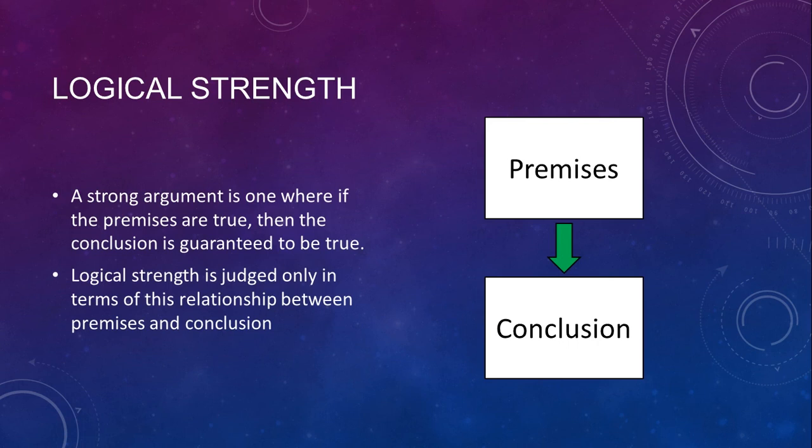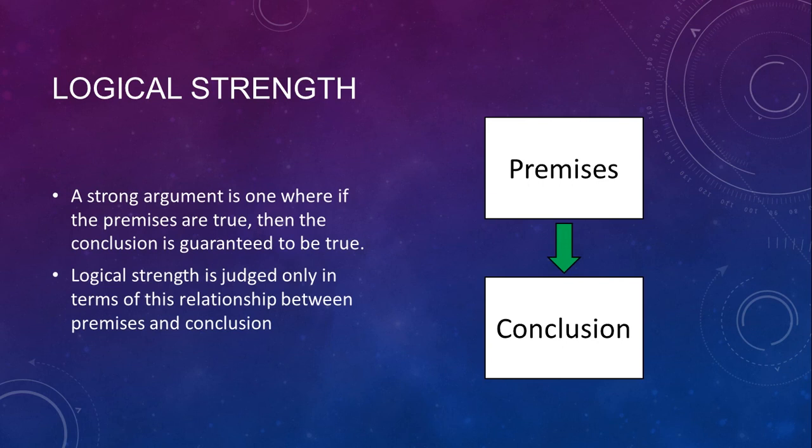Logical strength is the property that if the premise is true, then the conclusion should be true as well. The maximum degree of logical strength that you can get is validity. I'll mostly be talking about validity this class because it's simpler. It's easier if you just assume that it's maximally logically strong. It'll make things more straightforward.